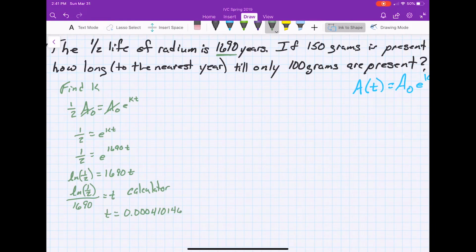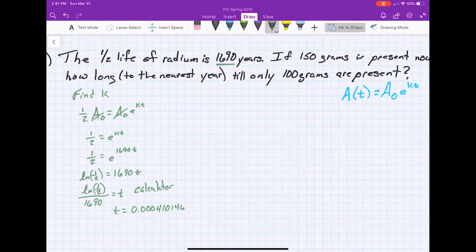So we want to know when we will get to 100 grams remaining. So we plug in 100. 100 equals 150, because that's what we started with, and that's our A sub naught. Then we have e, and then we're going to do kt.